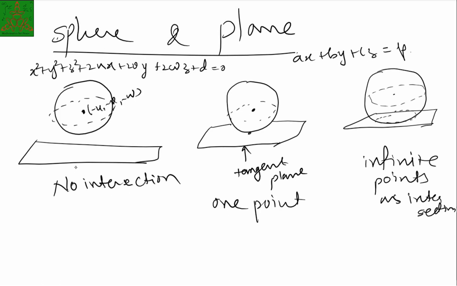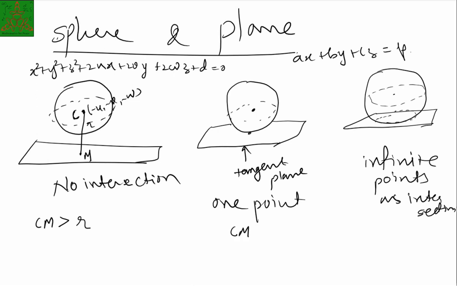If you draw a perpendicular from this point C to the plane, with foot M, and this distance CM is bigger than the radius of the sphere, then we can say there is no intersection.